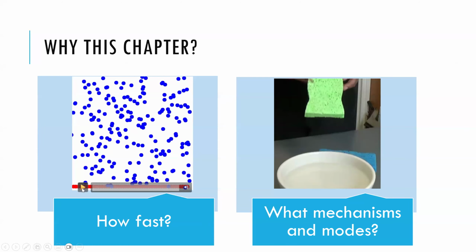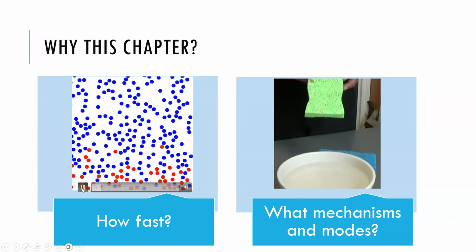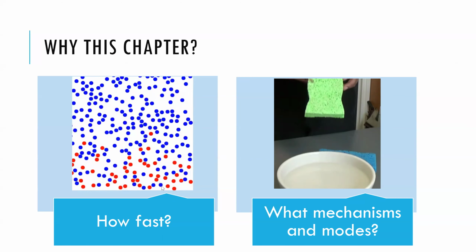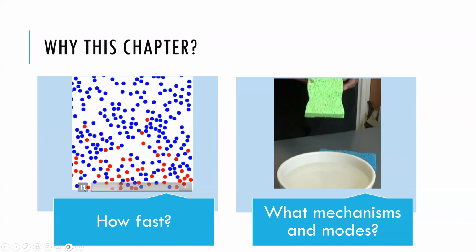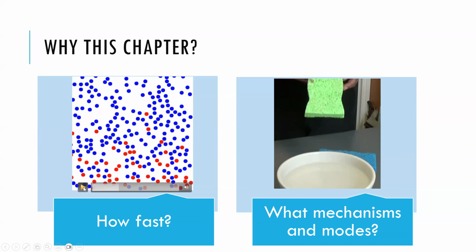And I want to see how the reds diffuse into the blue. As you can see, it takes time, and that is critical for doing something real. So how fast does the diffusion process go? How long does it take to reach close to equilibrium?